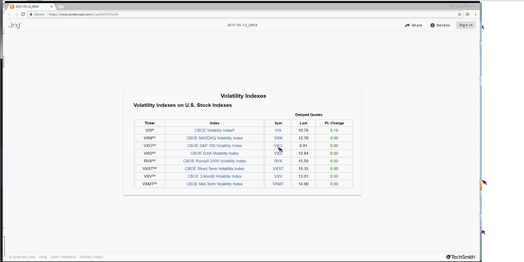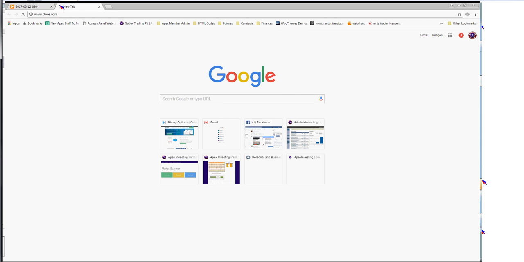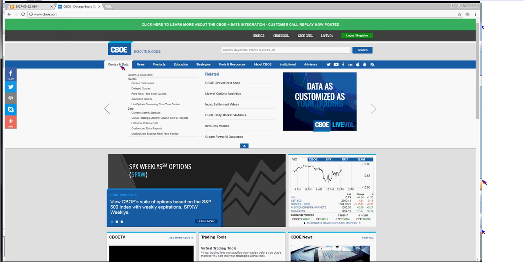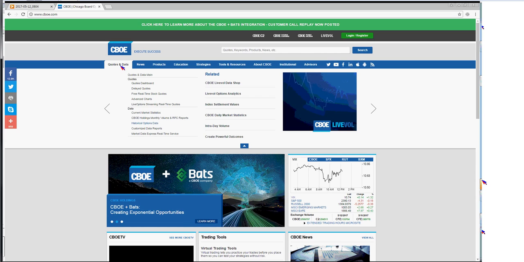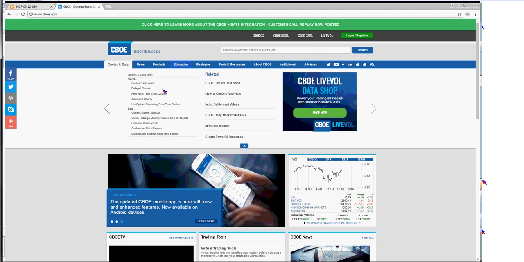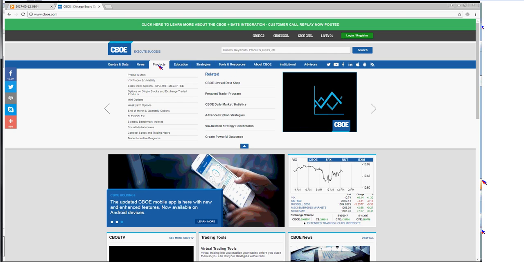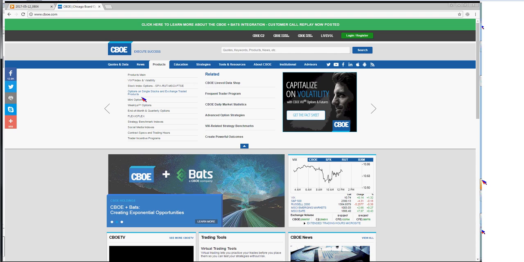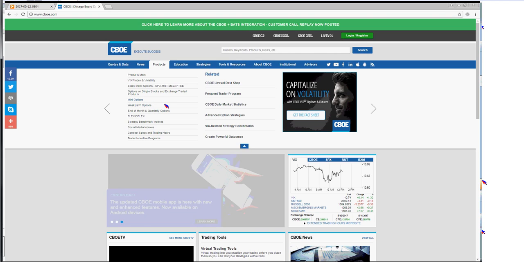And they have a lot more volatility indices than these. These are just the stock indices. So you can hop on over to CBOE.com. Let's see where they got their volatility. It's really cool. They even have volatility indices now on all the FX contracts, or not all, but a lot of the FX contracts.